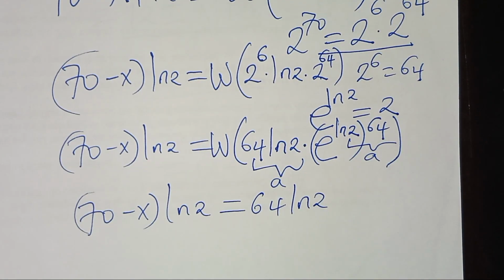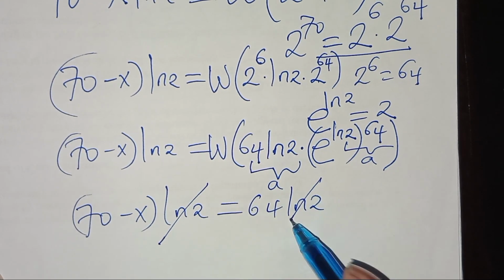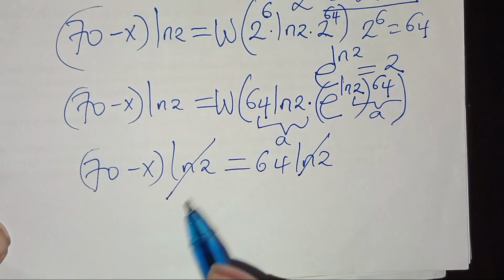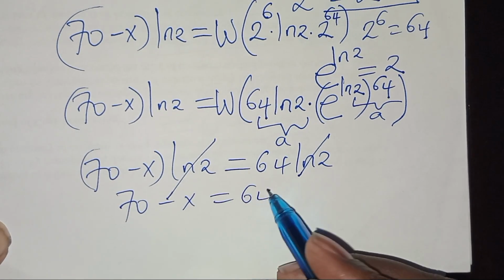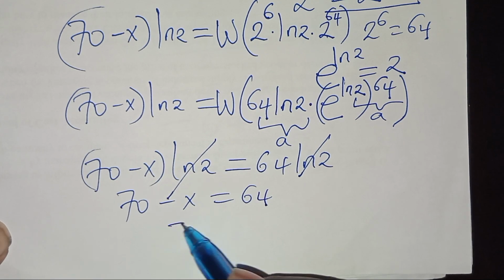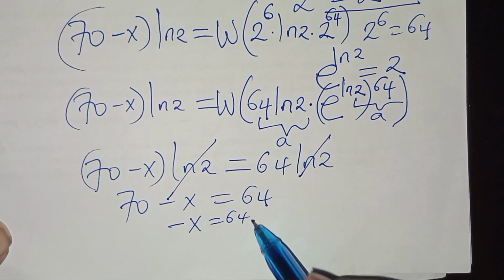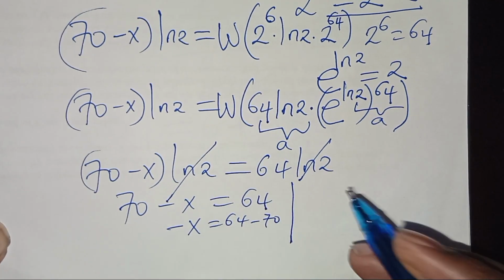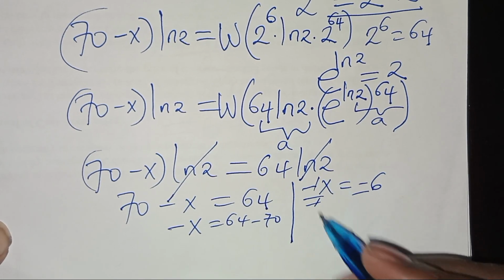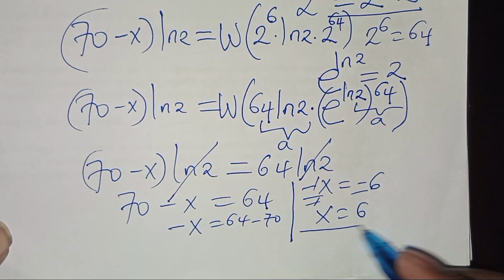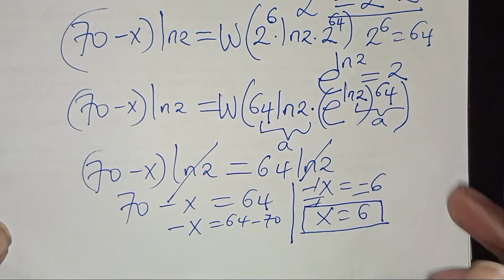Here, ln of 2 and ln of 2 simplify, so now we'll have 70 subtract x equal to 64. That means negative x is equal to 64 subtract 70, which is equal to negative 6. So that means x is equal to 6.